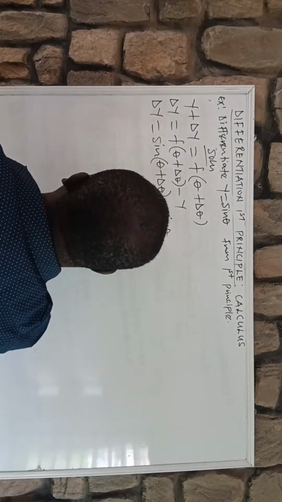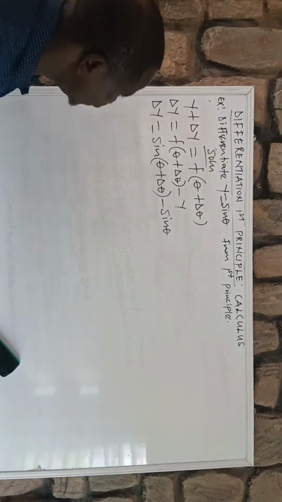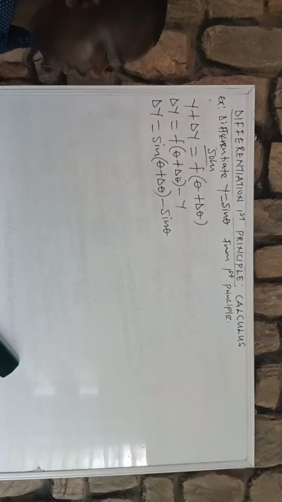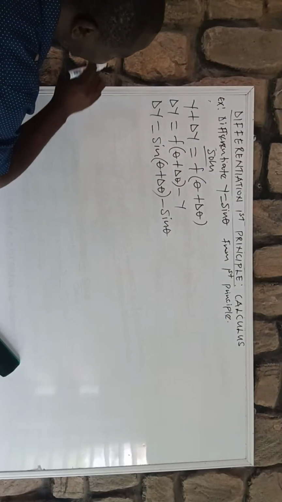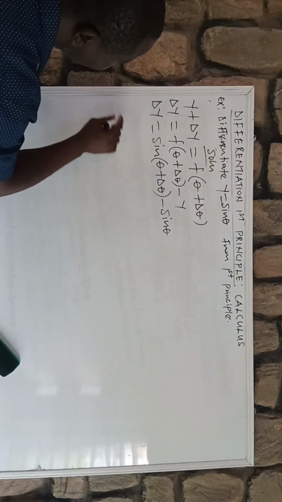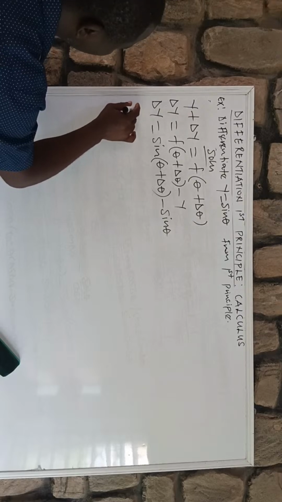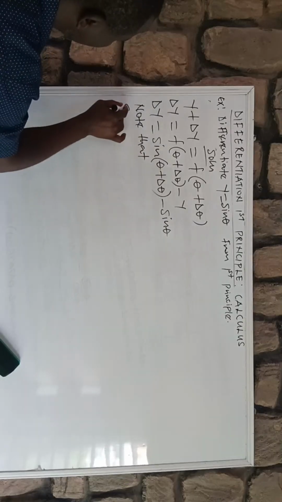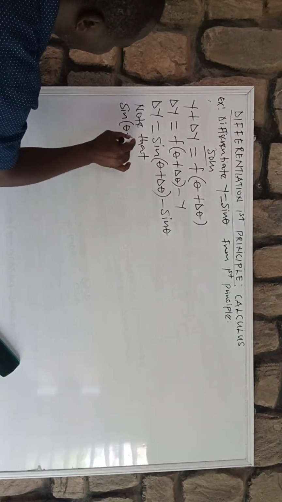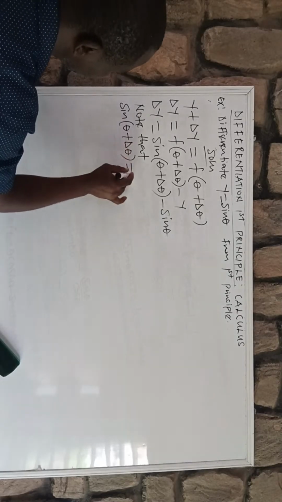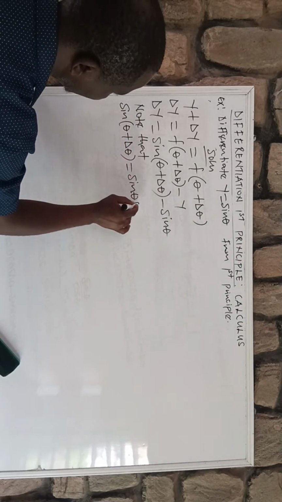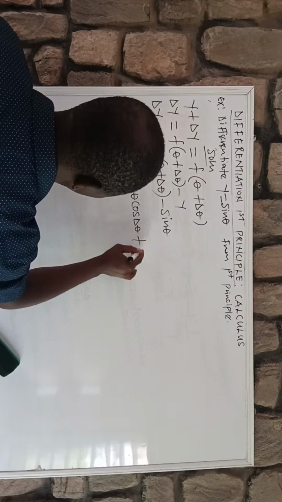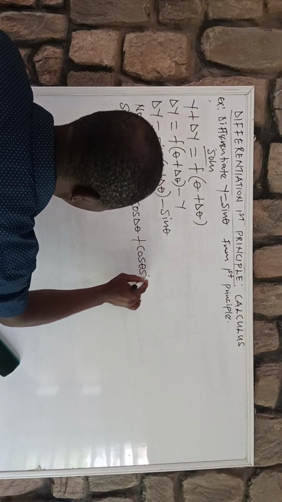So that is that. So far so good. Let's go back to our trigonometric formula, which notes that if we have sine, open bracket, theta plus the theta, this is equal to sine theta cos the theta plus cos theta sine the theta.